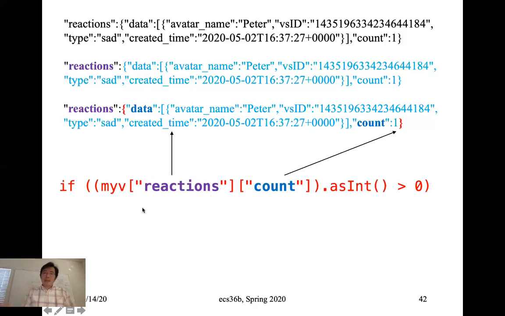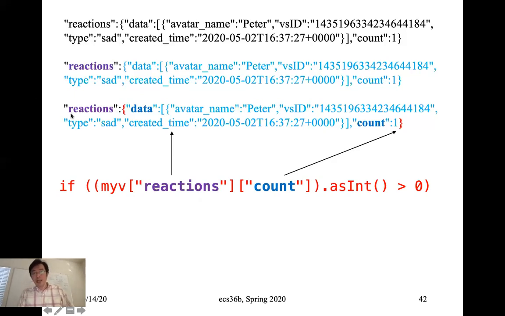Typically in C, when you want to address an array, you put a 0, 1, 2, 3. This is C++, and it is perfectly doable with JSON. You actually use a string as the index. So when you say my v reaction, you already get the value part of the reaction.